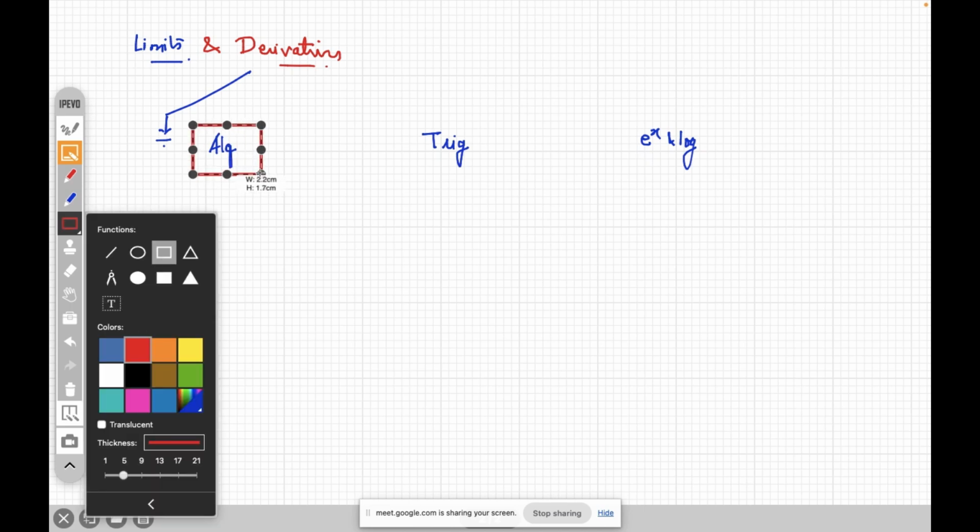Algebraic function is one set, trigonometric function is one set, and exponential and logarithmic function is one set.